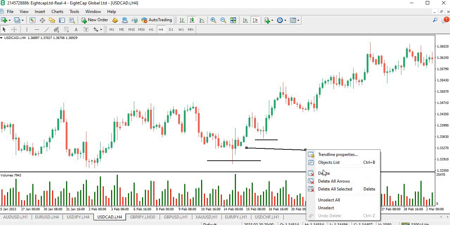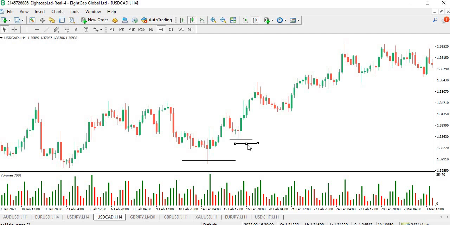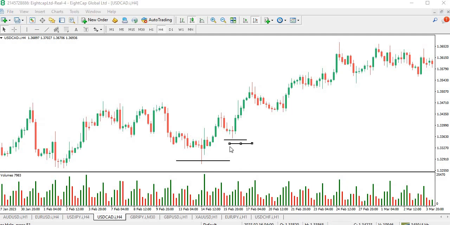Let me clear it. So if we would have taken the entry from the handle, we should have placed our stop loss below the handle, and for more security, for more protection, below the cup area.